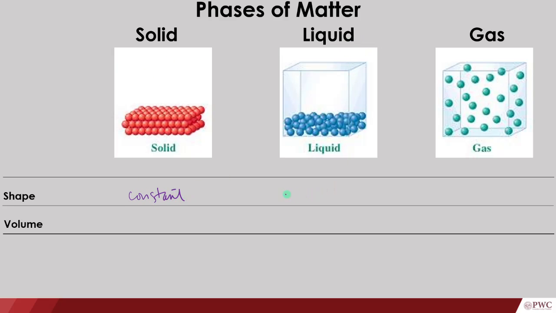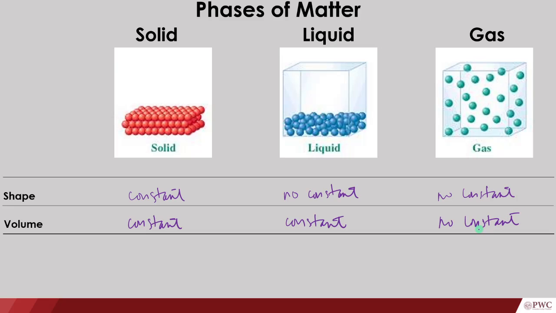For liquid, its shape is not constant. The same thing for gases, no constant shape. In terms of volume, solids have constant volume. The same thing for liquid. And then for gases, they have no constant volume.